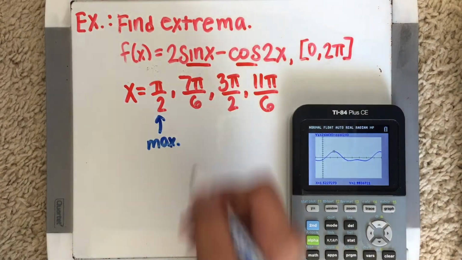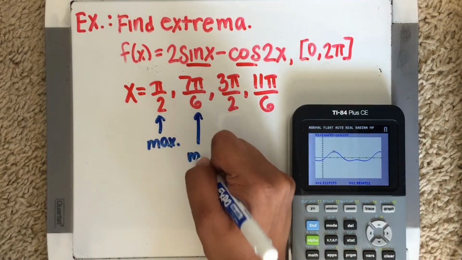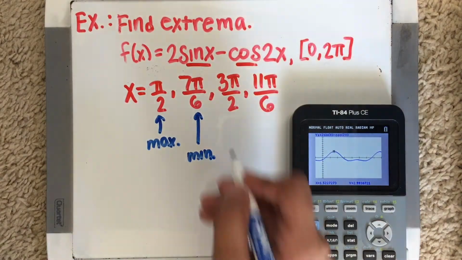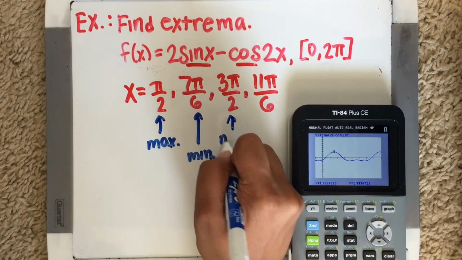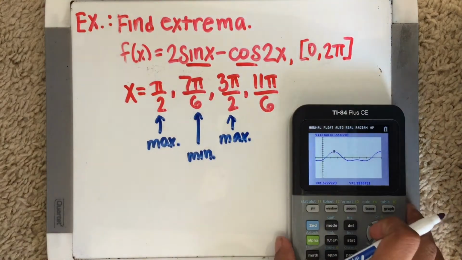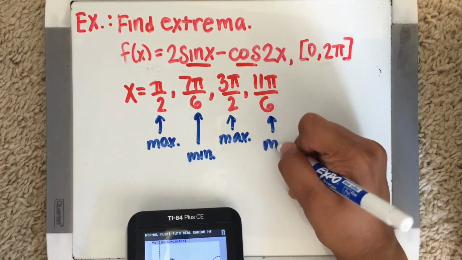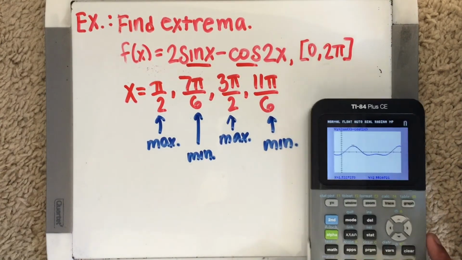At x equals 7 pi over 6, there is a minimum. At x equals 3 pi over 2, there is another maximum. And at x equals 11 pi over 6, there is another minimum. And that is our answer.